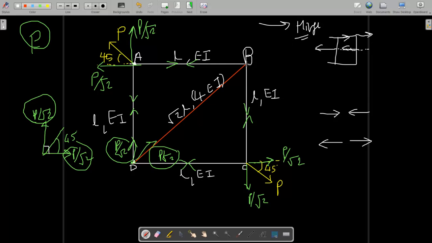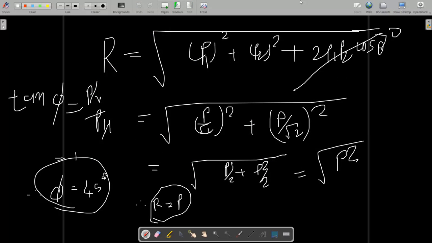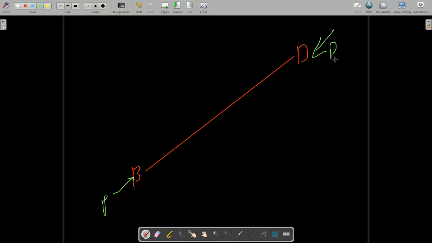So when you take the BD member separately, this is B and this is D. There is a force P acting on this, and both points are hinged.